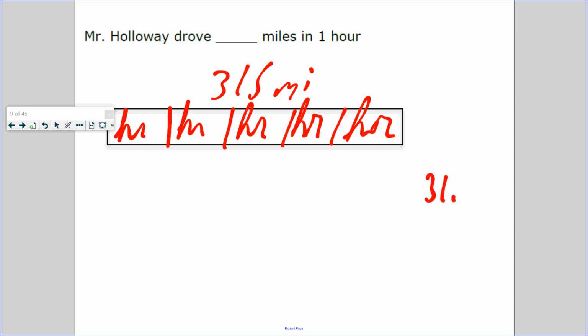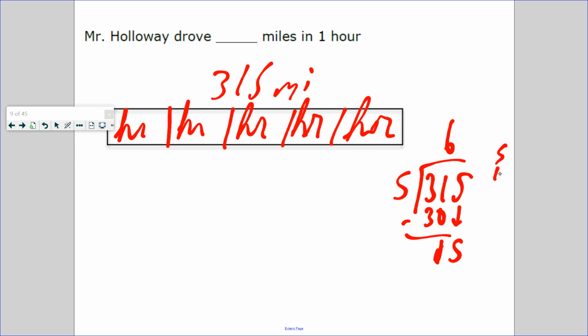So if I divide 315 into 5 different sections, can 5 go in 31? 6 times. Bring down the 5. How many 5s? 5, 10, 15. It goes in 3 times. So, whoa, he drives fast. He drives 63 miles in 1 hour. That's 63 miles per hour, each hour, every hour.